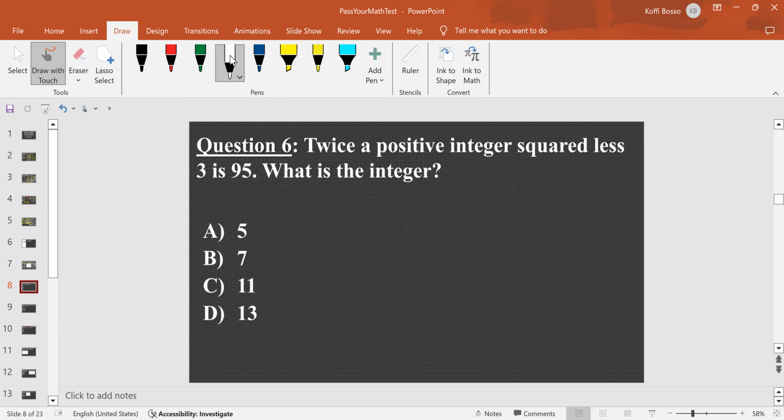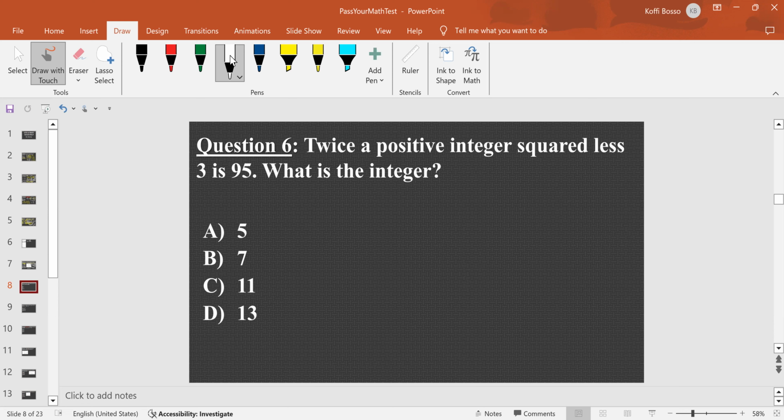They say twice a positive integer squared less 3 is 95. What is the integer? So here we want to find an integer, but it has to be a positive integer. So it's tricky. That means if they don't say positive integer, we're going to have 2 different answers, one positive, one negative. That's why they try to make a difference there.